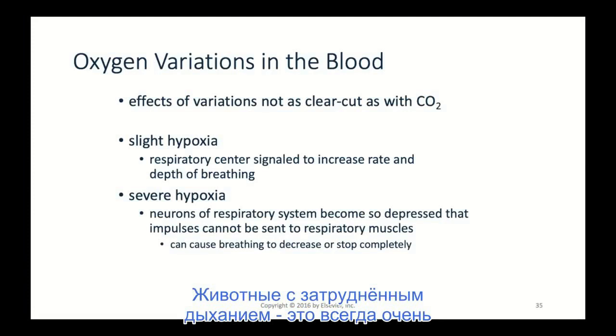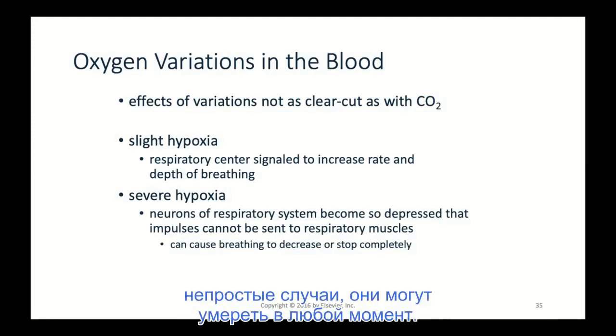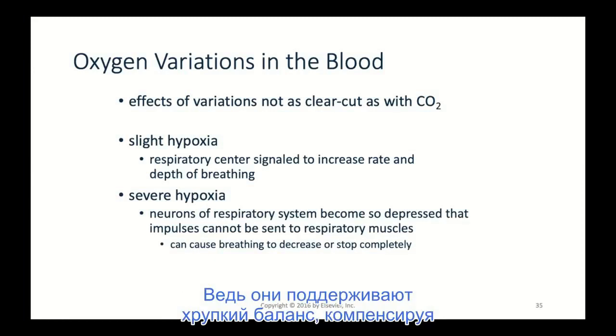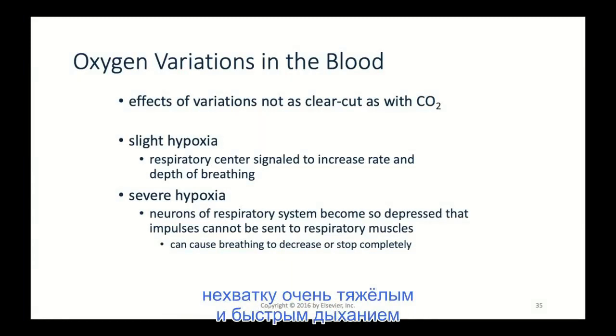So, of course, animals that are dyspneic are always sensitive cases. They always could die at any point. I know that's really awful to say, but it's a reality because they're maintaining this fine balance of compensating through breathing so heavily and so quickly until the point where their body becomes exhausted and the respiratory center in their brain just gives up.